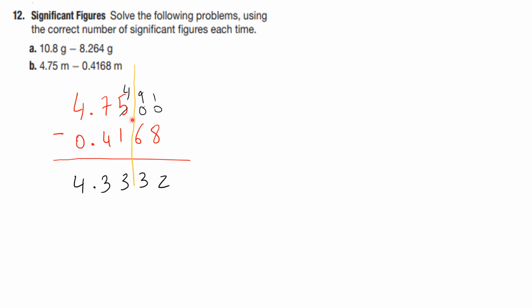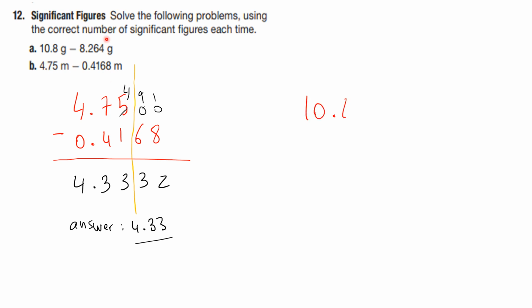It means I have to stop here, and the answer is 4.33. I don't count the last 2. So again, I draw the line beside the 5.